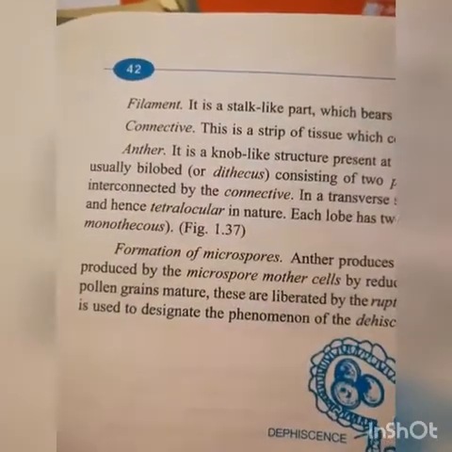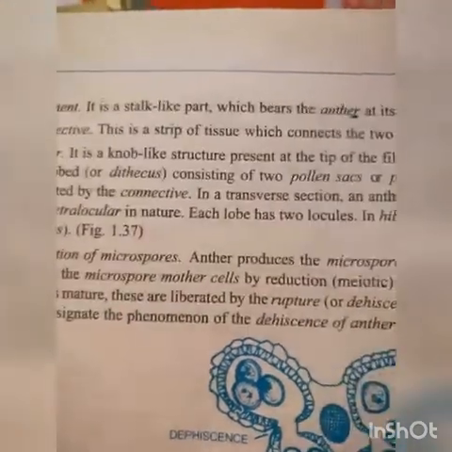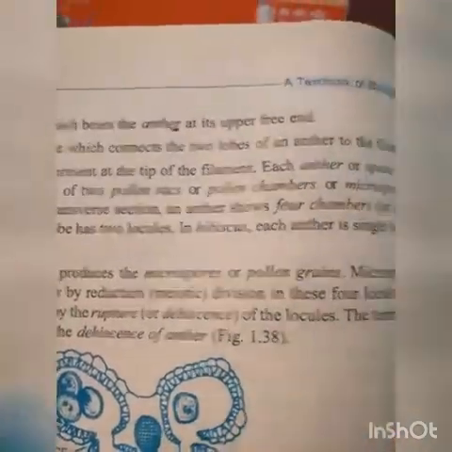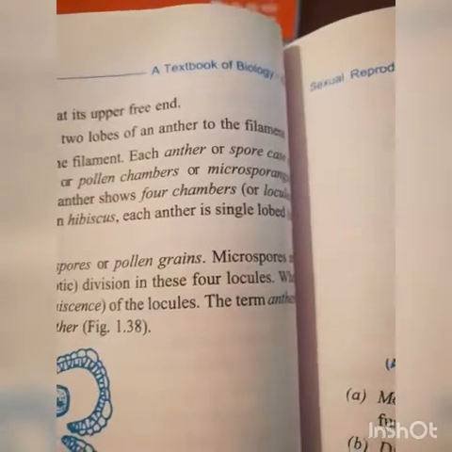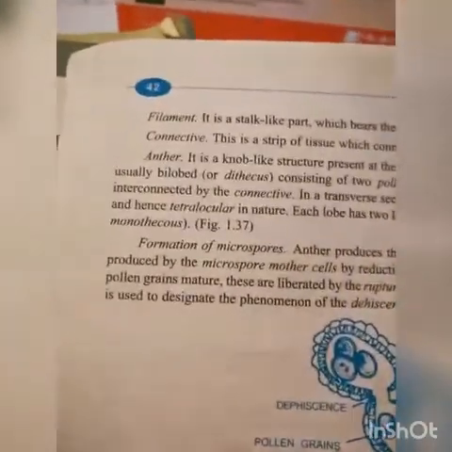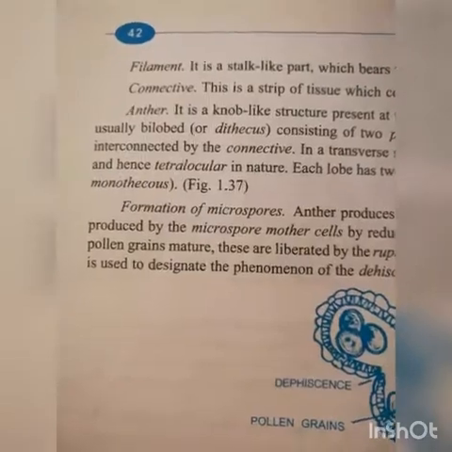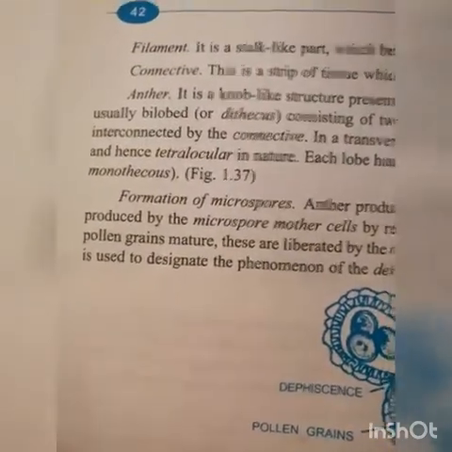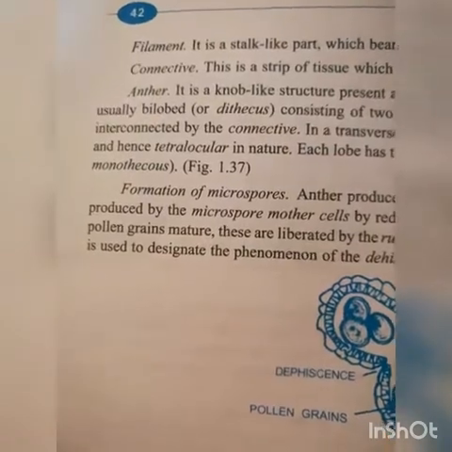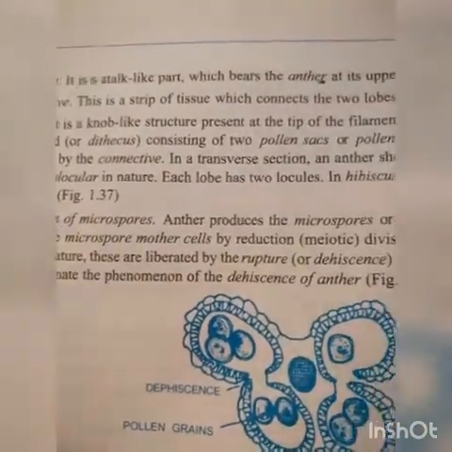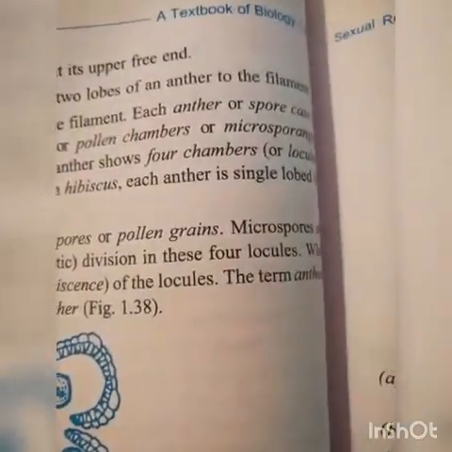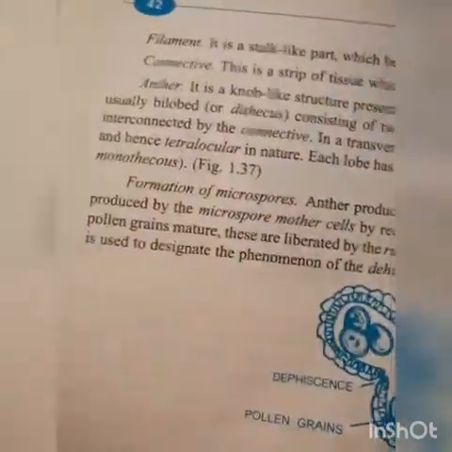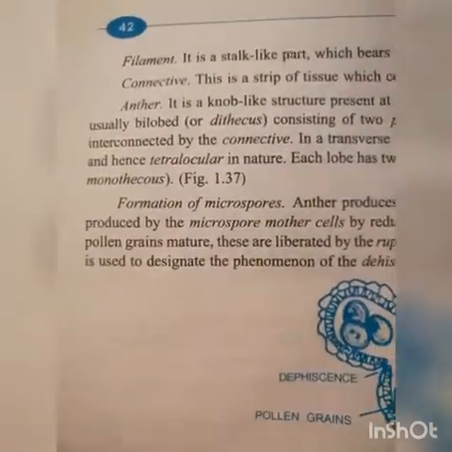Anther, the third one, is a knob-like structure present at the tip of the filament. Each anther, or spore sac or spore case, is usually bilobed, meaning in anther there are two lobes, that is dithecous, consisting of two pollen sacs or pollen chambers or microsporangium interconnected by connectives.